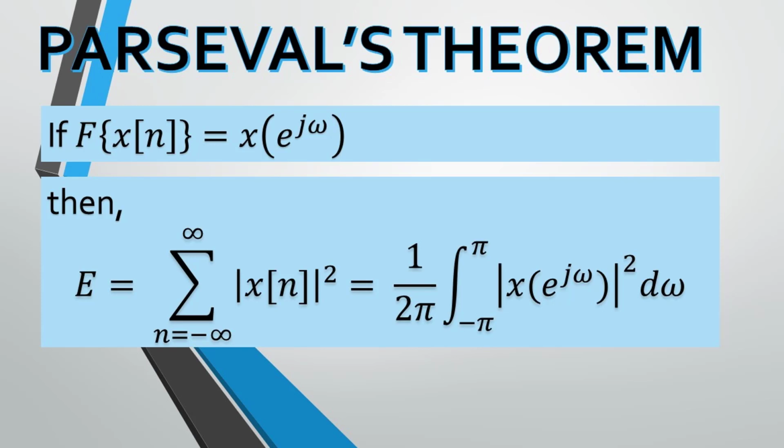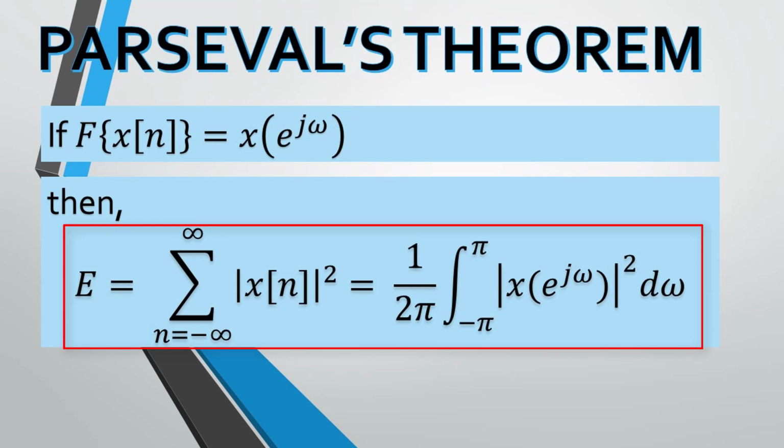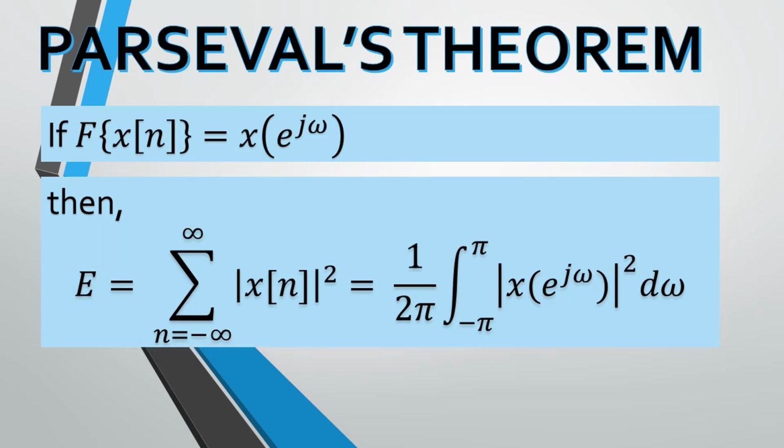If the Fourier transform of x of n is equal to X of e raised to j omega, then the energy is equal to the summation of modulus x of n squared from n equal to minus infinity to plus infinity, which is equal to 1 over 2 pi times the integration of modulus X of e raised to j omega squared d omega from negative pi to positive pi. By using this formula, we can get the energy spectrum of the given signal.